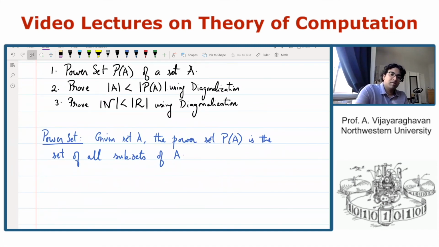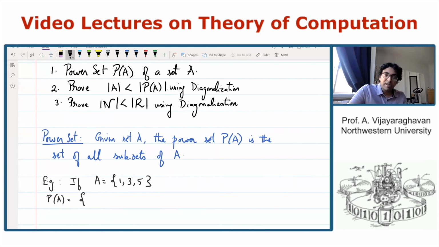Okay. So just for an example, if A is the set {1, 3, 5}, then the power set of A is just going to be the set of all these following subsets. So you always have the empty set. The empty set is always a subset of any set.